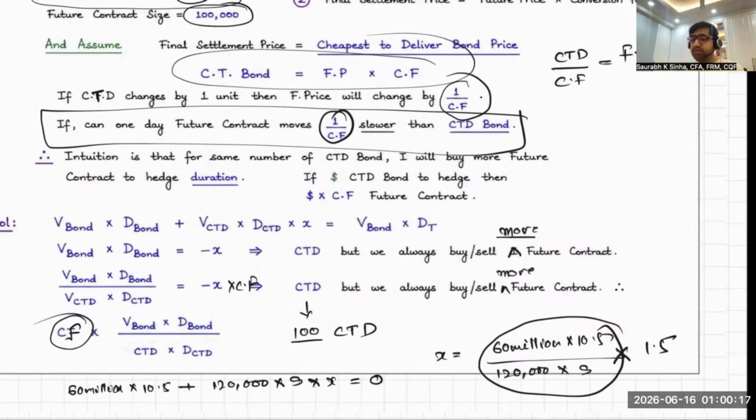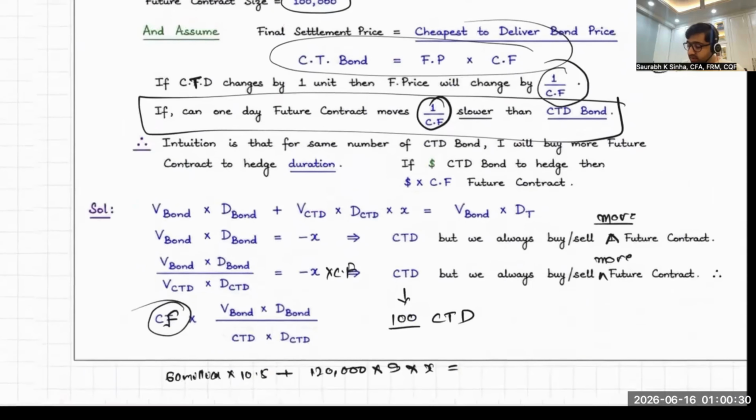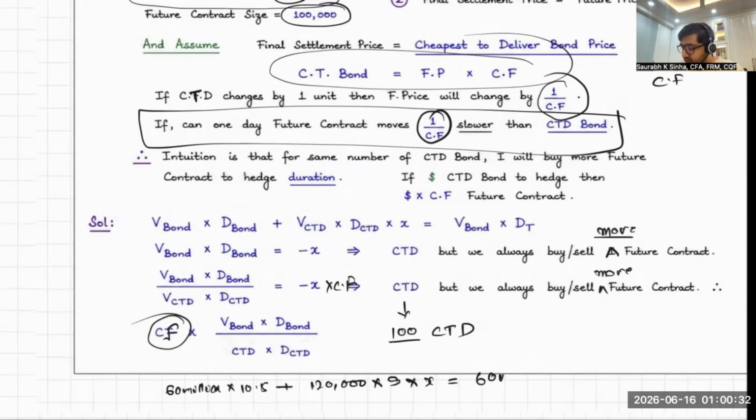Always 1.5. If the target duration is not 0, say the target duration is 8.5, you'll simply add 60 million, the value of the bond or portfolio, into the target duration, that is 8.5, and then you will solve for x, right?